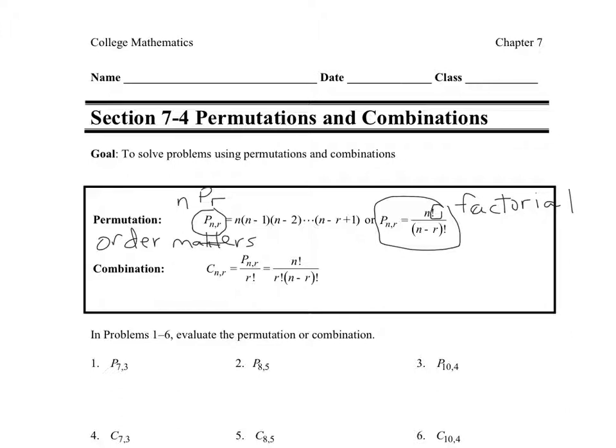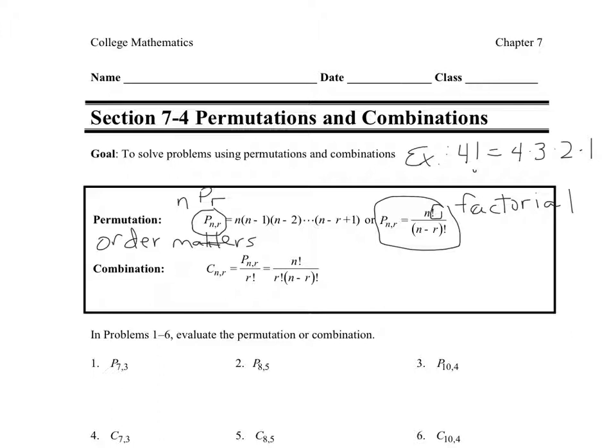So for example, if we had 4 factorial, that means you multiply 4 times 3 times 2 times 1. That's all a factorial is. It's a shortcut way of showing you that you're going to start with that number and multiply by every integer value, counting down by 1 until you get to the number 1.